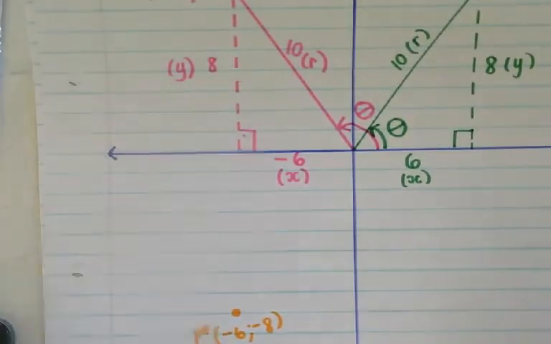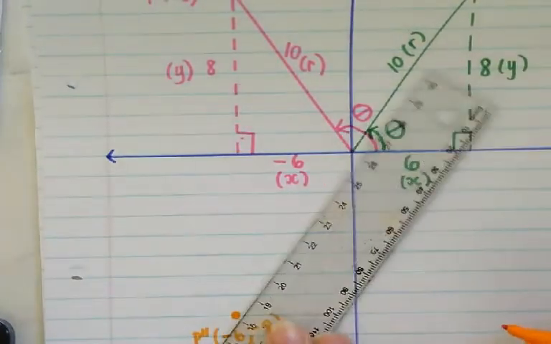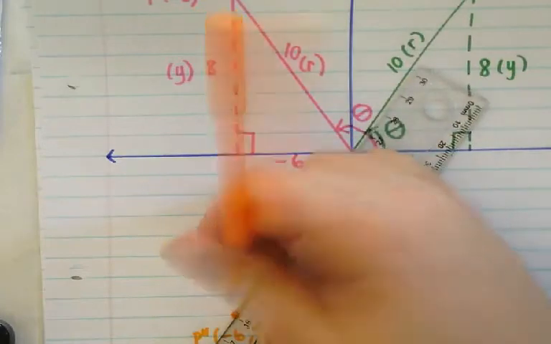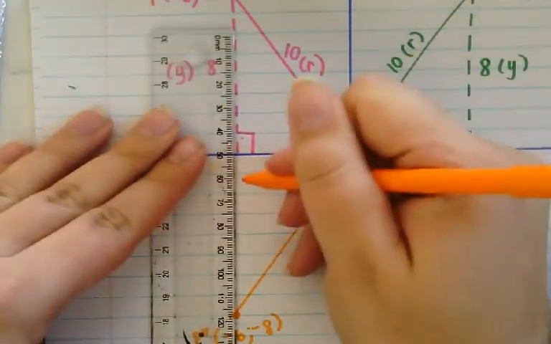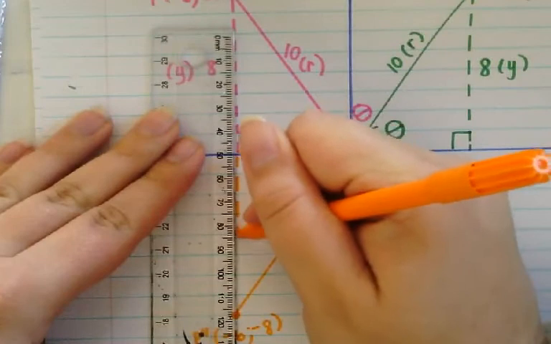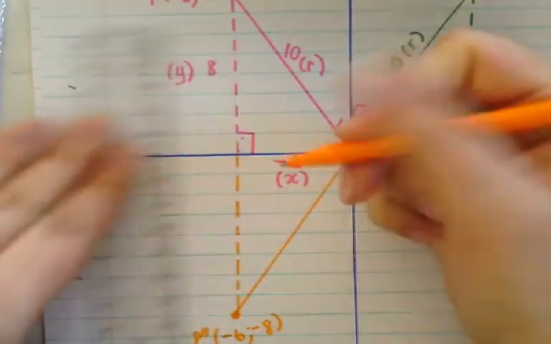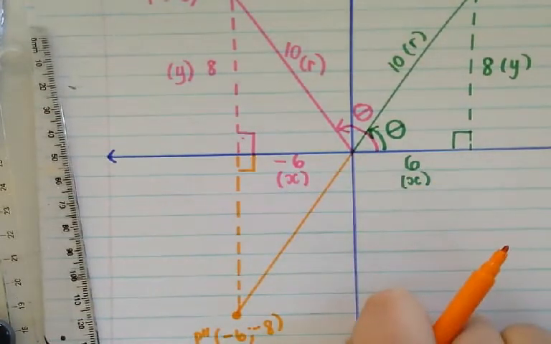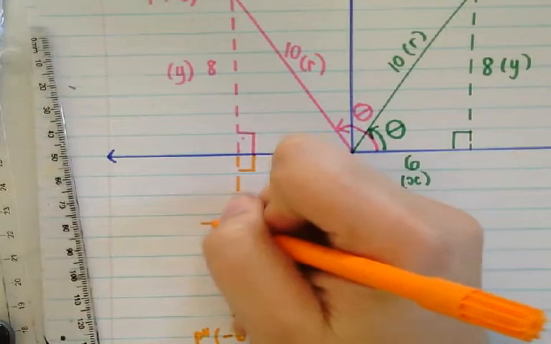Okay, so with my point to my origin, watch how I've formed my 90 degree. My 90 degrees always with the x-axis, never the y-axis. So my x is still negative 6. I don't have to rewrite it. My y is negative 8.